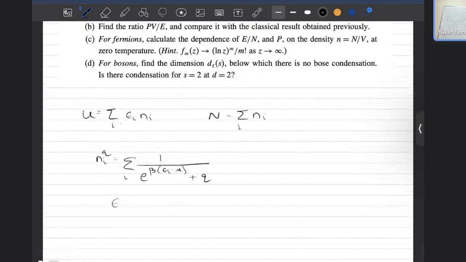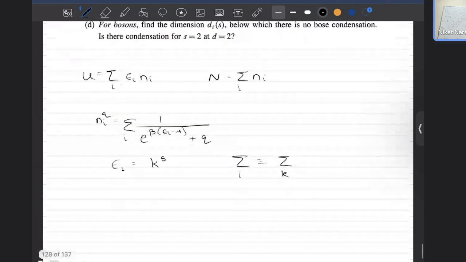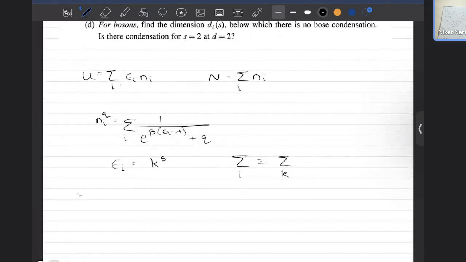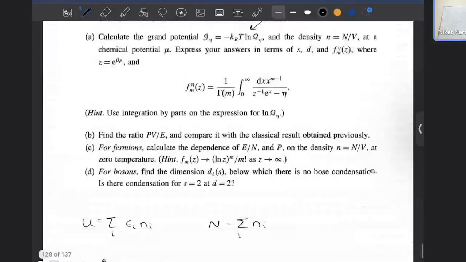Now epsilon i is already given to us as k raised to power s. And sum over i is basically sum over k. So what we want to do is sum over k. k is just a three-dimensional thing. 1 divided by e raised to power beta k raised to power s minus mu, plus q.